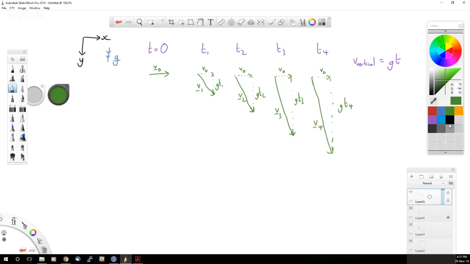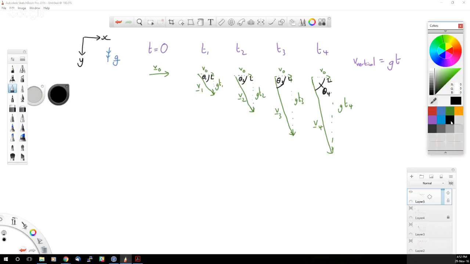In all of these, we've got right angled triangles, and we can call these angles theta 1, theta 2, theta 3, theta 4. We can work out the magnitude of the velocities using Pythagoras' theorem, and we can work out these angles to the horizontal using trigonometry.